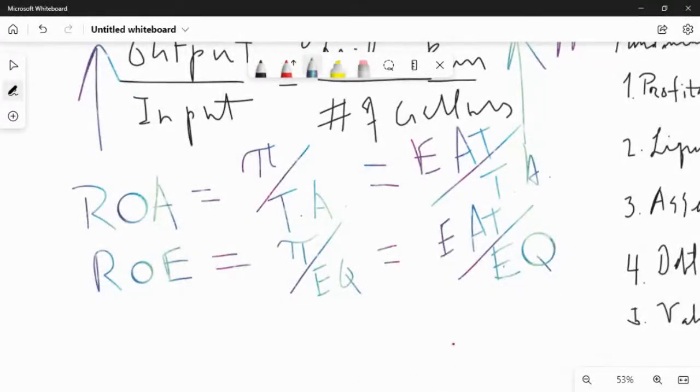We know total assets consist of what? Equity and debt, right?